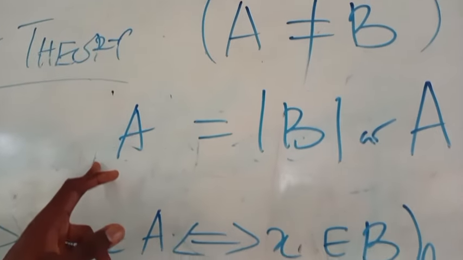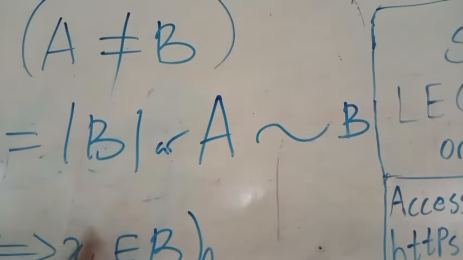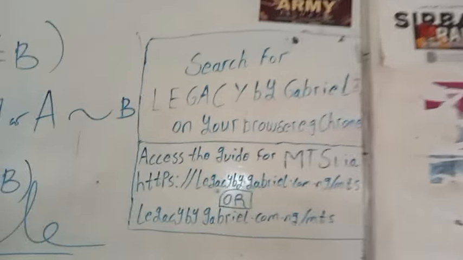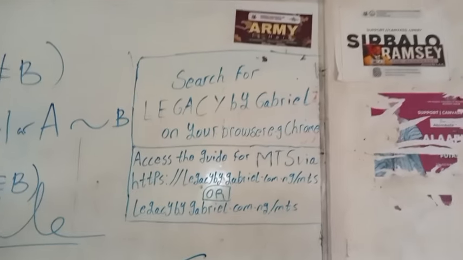Now assume the modulo is not there, and I give A, then the equality sign, and we have modulo of B. Is it true or false? False. What you have on the right hand side is not equal to what you have on the left hand side. Understanding. I'm very sure all of us understand what we are learning.